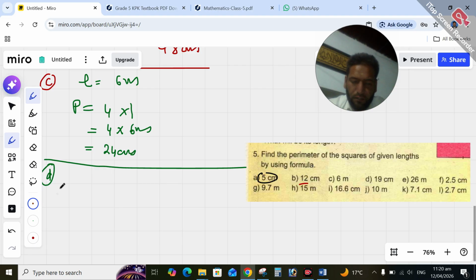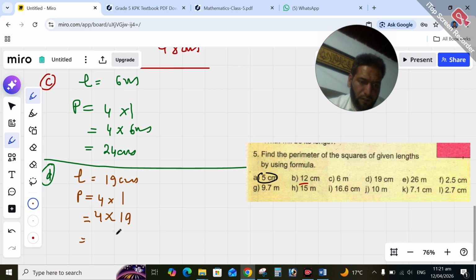Now the next question is part D. Number D, one side is given, that is L is equal to 19 centimeter. So the perimeter of the square is equal to 4 times the length of one side. So 4 times 19, and 4 times 9 is 36, and 4 ones are 4, plus 3, so this is 7, right?